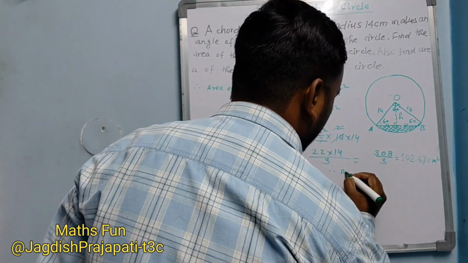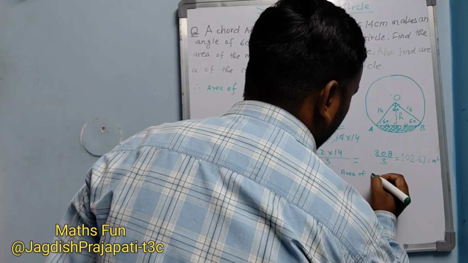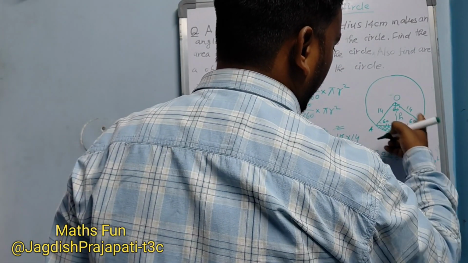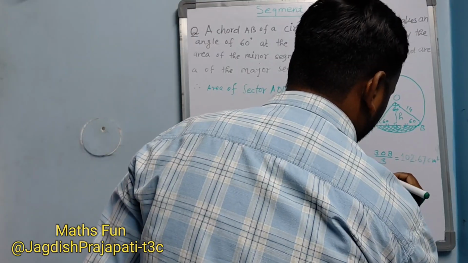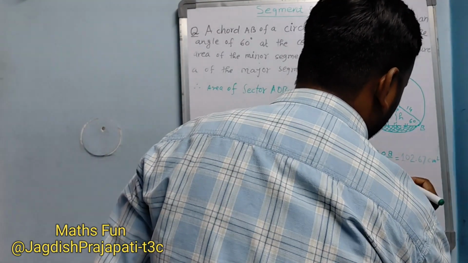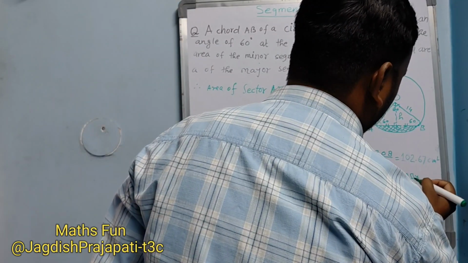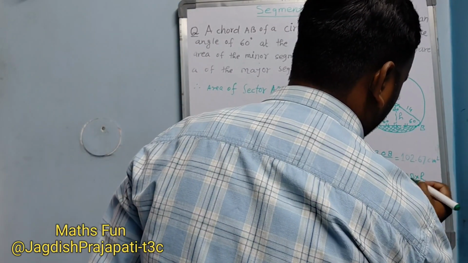Therefore, area of triangle AOB will be 1 by 2 base AB into height h.